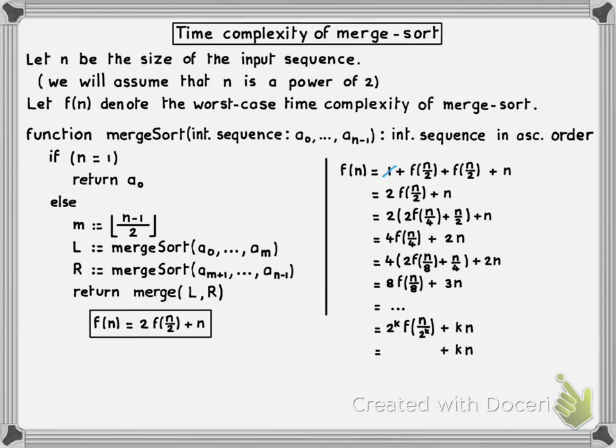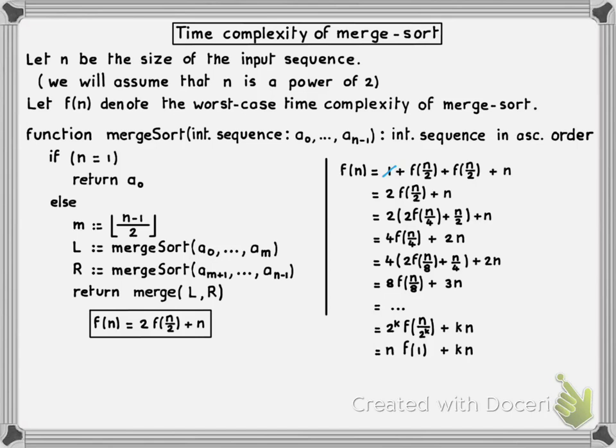So you're going to have k times n doesn't change, and you're going to have an f of 1 here. Now, when does that happen? Well, this fraction is equal to 1, obviously when n is equal to 2 power k. In other words, k has grown large enough that 2 power k is equal to n, which means this number right here is nothing but n.